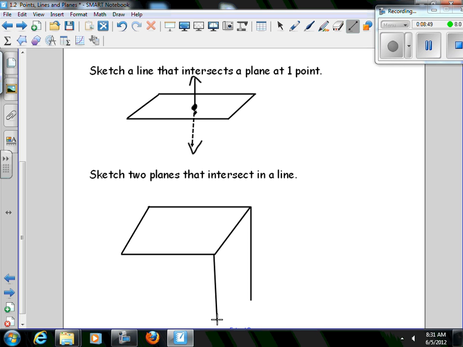It's almost like having a box where sides of the box intersect. Here is your intersection, and it intersects in this line. Remember, these planes go on and on forever. So right there is your intersection. So imagine the sides of a box coming together.